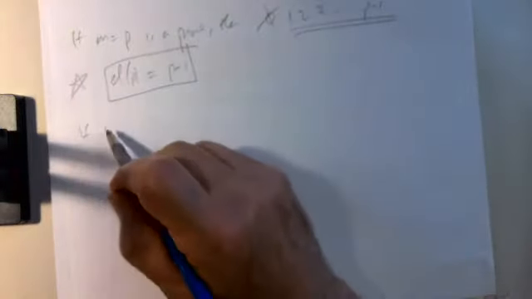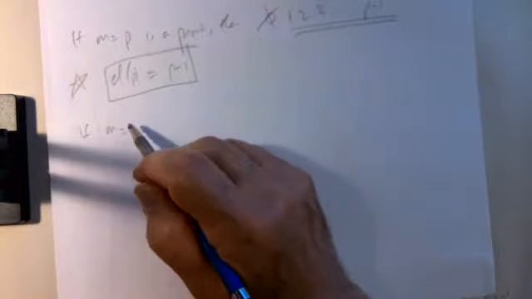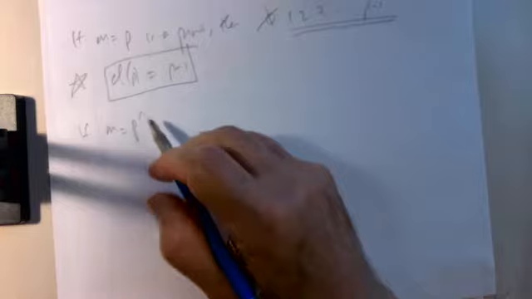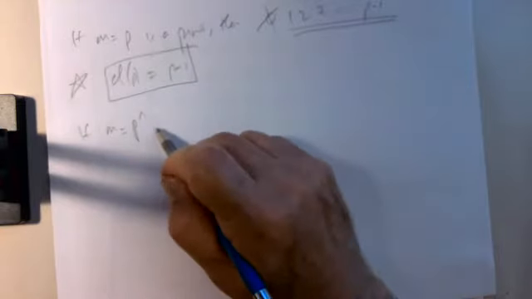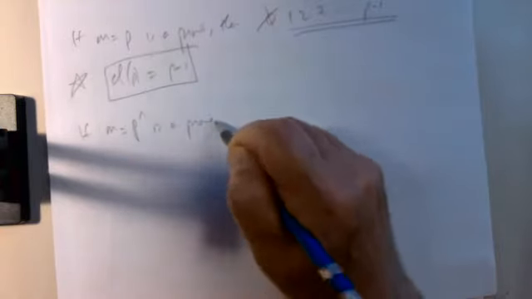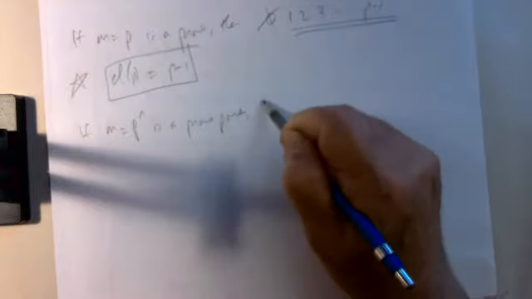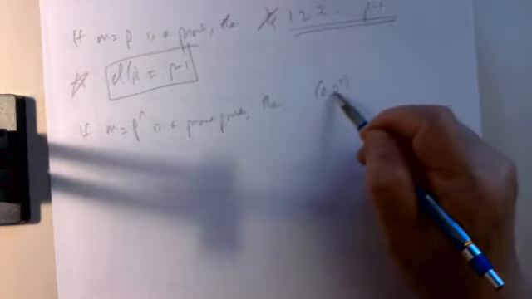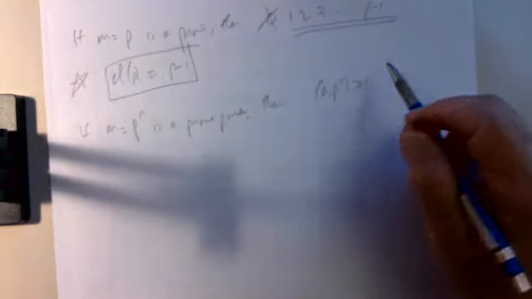And we can use the same idea to calculate phi of m when m is p to the power r, so this is a power of p. So if this is a prime power, then what can we say? A number a has a common divisor with p to the r greater than 1.